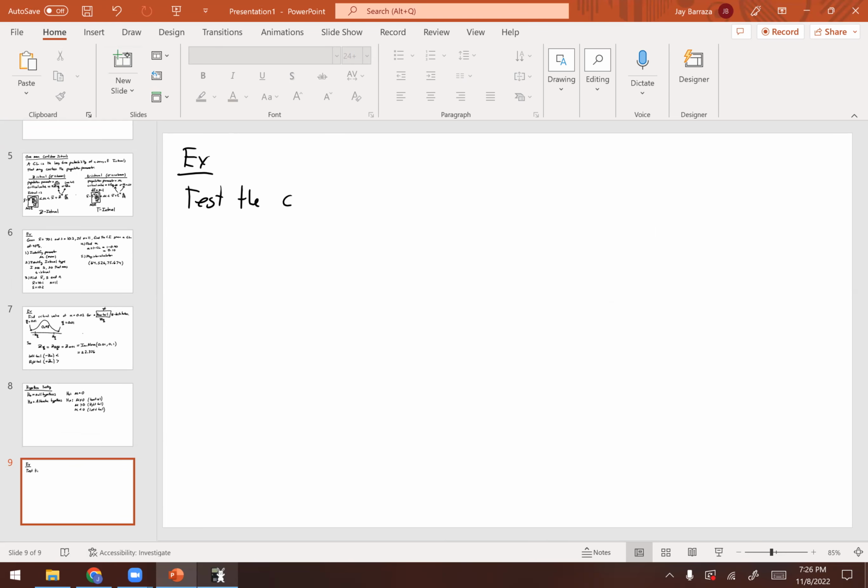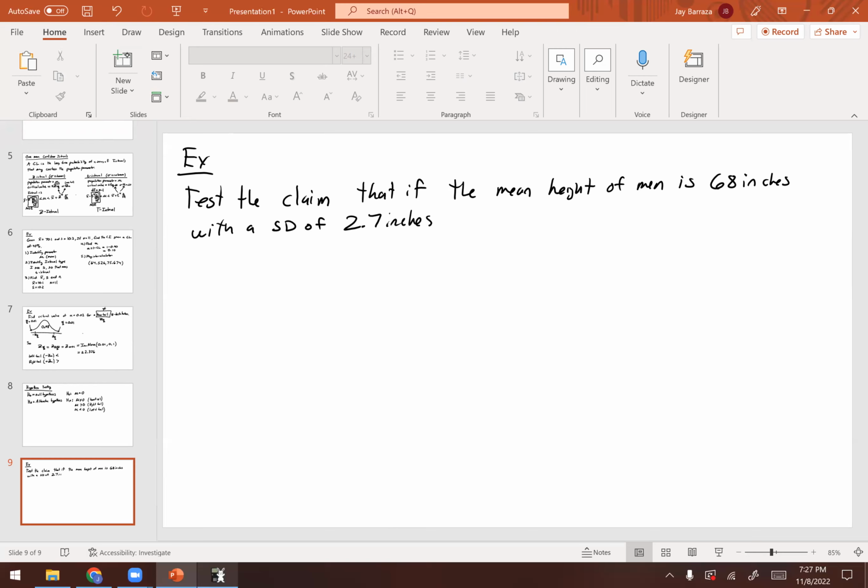Test the claim that the mean height of men is 68 inches with a standard deviation of 2.7 inches, if you sample, okay, if you sample 27 men, no, I won't do 27. Let's do 11.